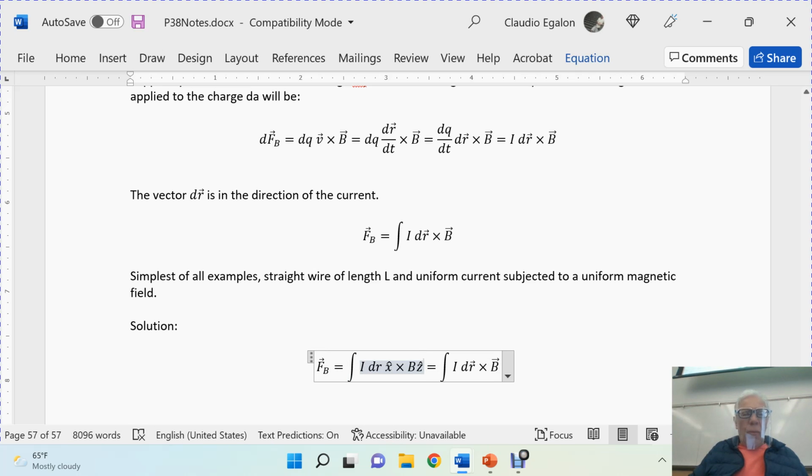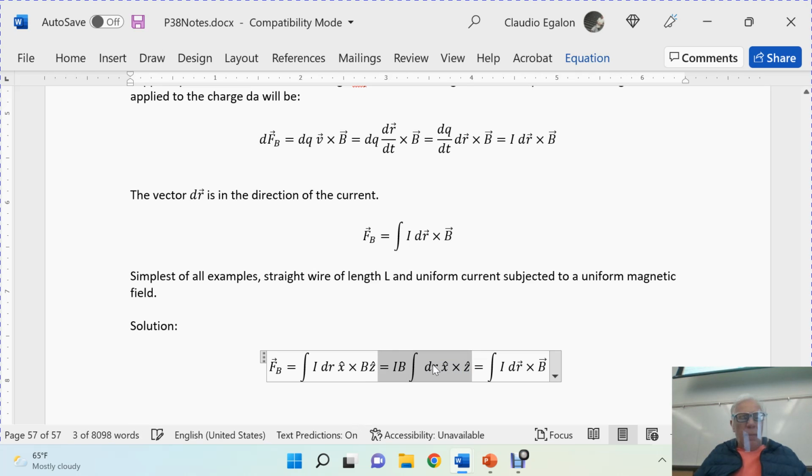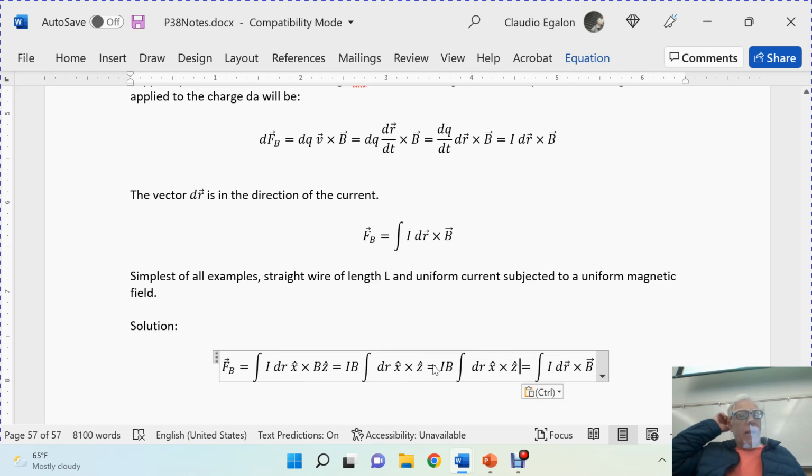It is a uniform magnetic field, and also a uniform current, so you can take both of them outside the integral. IB, we do the cross product between x hat and z hat. I'm doing the step-by-step thing, okay? You don't have to do that.